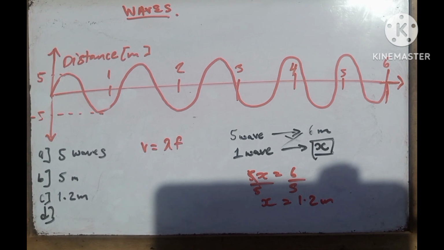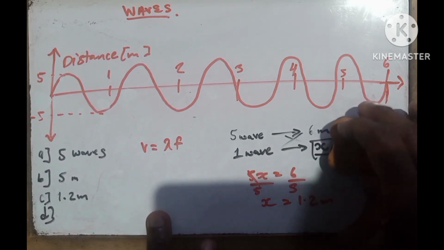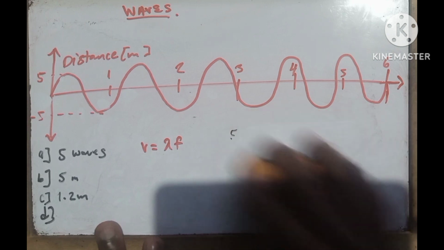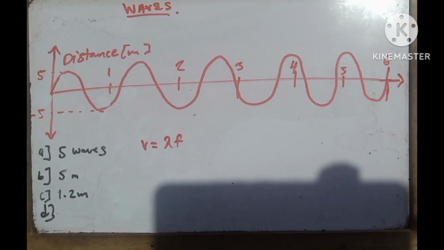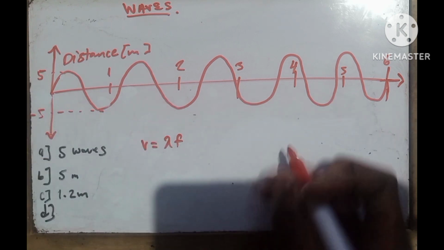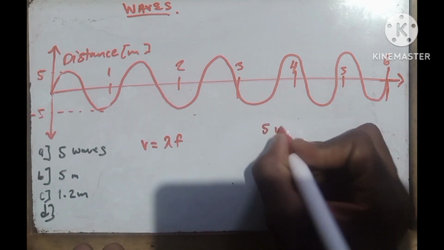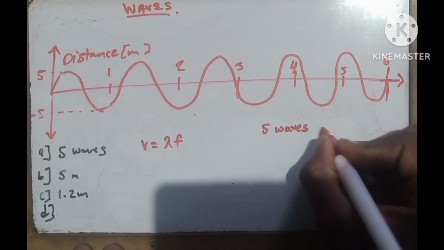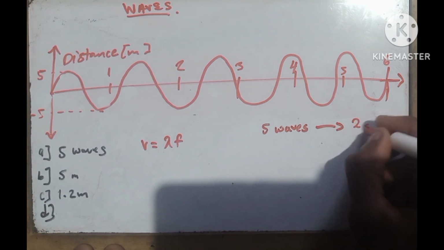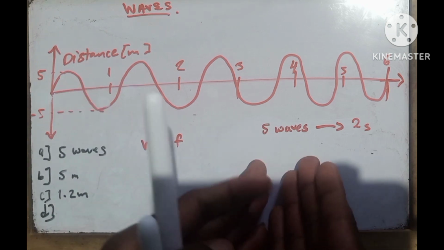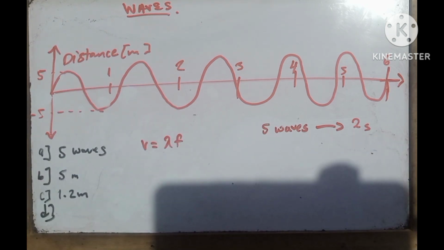And the frequency is the number of waves produced in 1 second. So we already have our wavelength, so we're just going to find the frequency. If 5 waves are produced in 2 seconds, what is the speed?